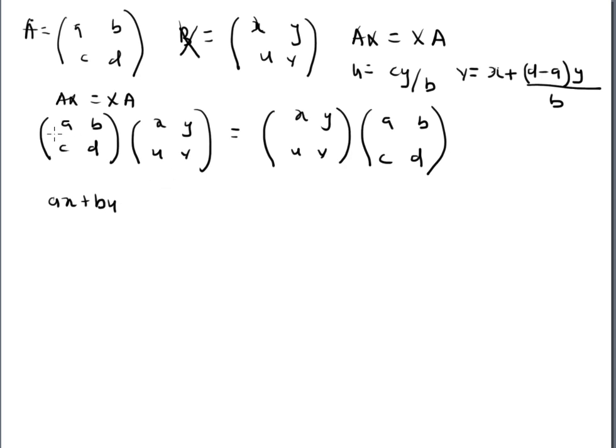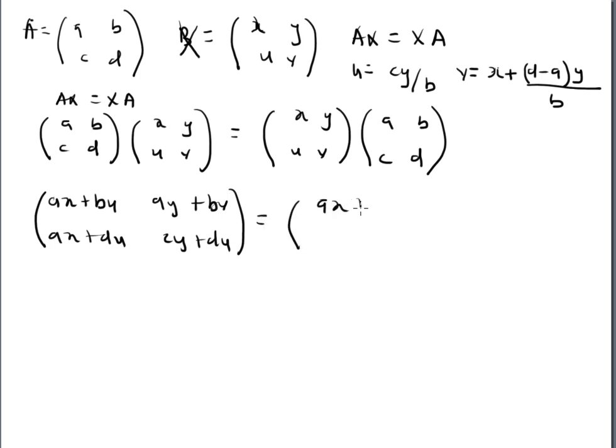Now A B multiplying Y V, we get AY plus BV. And we continue in our order, we get CX plus DU, CY plus DV, and this is equal to AX plus CY, BX plus DY, AU plus CV, and BU plus DV.